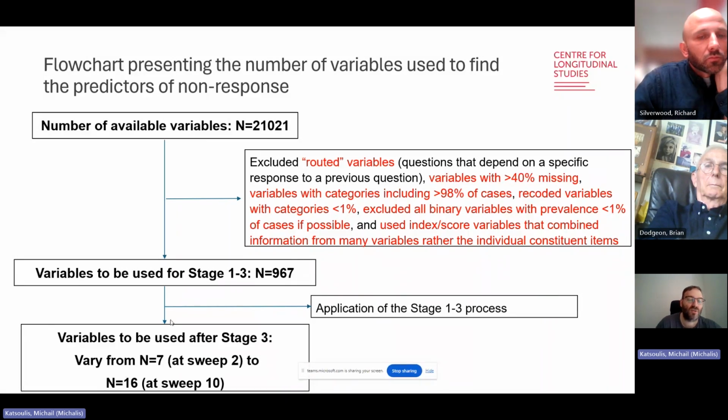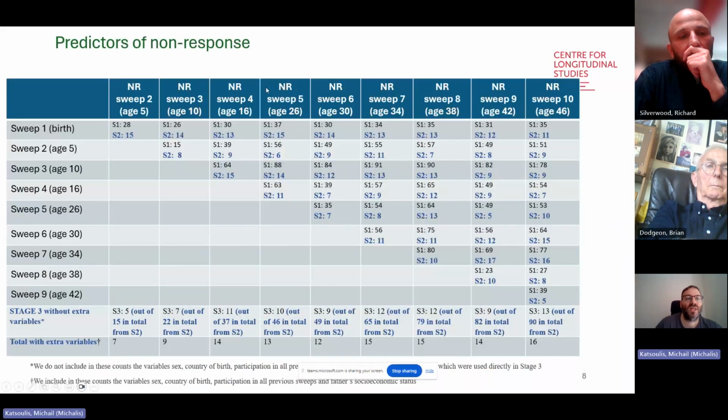And then we ended up with a moderate set of variables as important predictors of non-response at each sweep, and this number of variables varied from 7 to 16. If we want an overview, you can see that here.